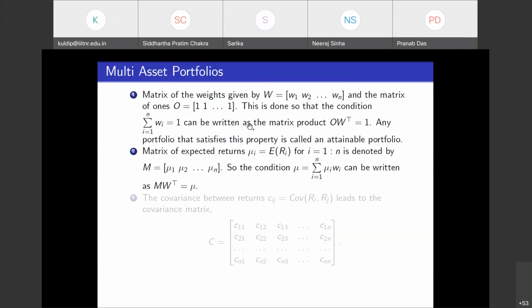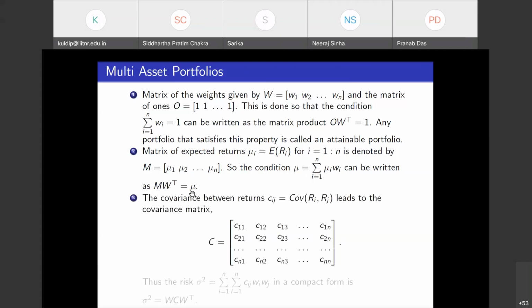MW transpose is going to be nothing but this summation, and this is equal to mu. The third matrix that you choose will denote a matrix C whose entries are given by Cij, and Cij is the covariance of Ri Rj. So then this risk, double summation Cij Wi Wj, remember that this was the variance of a portfolio of n assets.